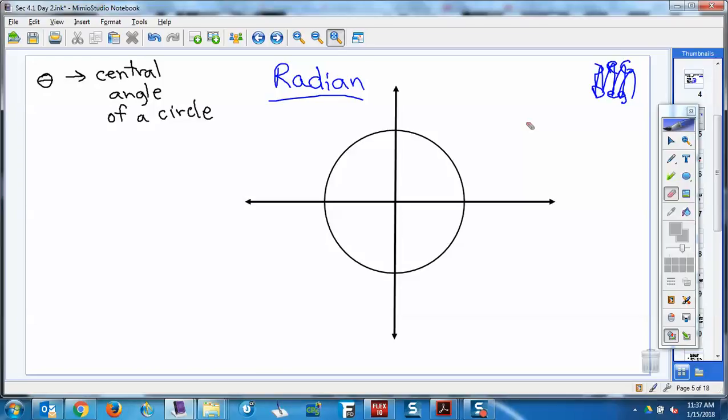Like so. And then continue around the circle. Okay? So lay the string starting at 0 and carefully lay it around the circle, mark where it ends, and then move it, and then go around again, and around and around.